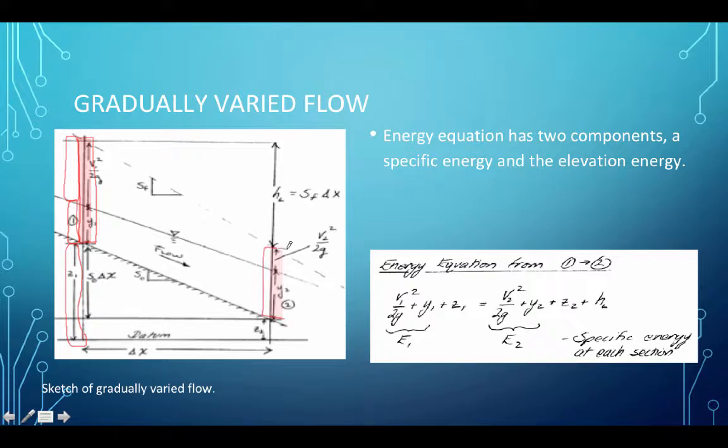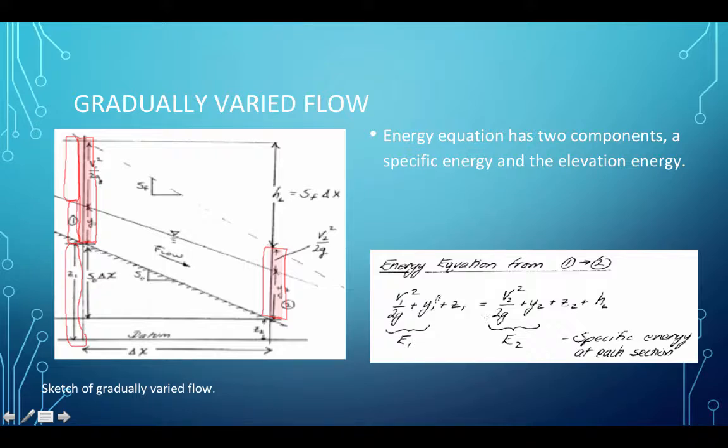If we consider just above the channel bottom, this rose colored bar right there at section 1, and we'll consider this rose colored bar at section 2, those bars represent a property that's called the specific energy of a section. The specific energy of a cross section is the velocity head plus the pressure head, or the flow depth.